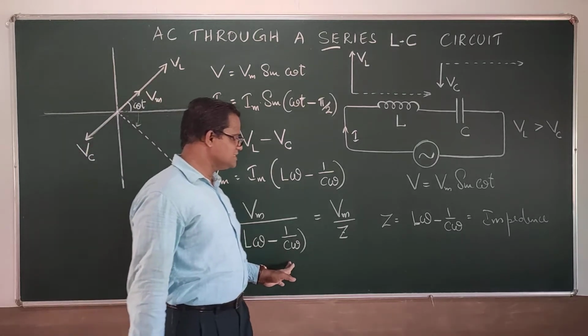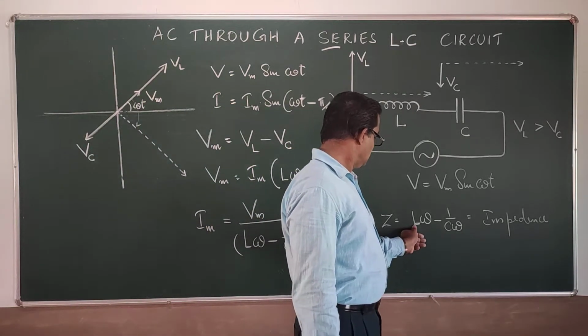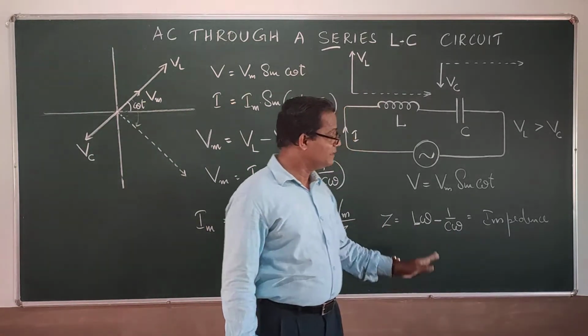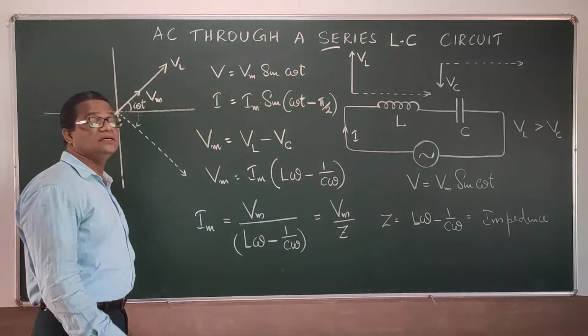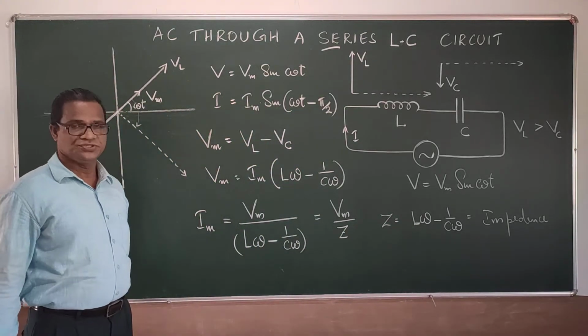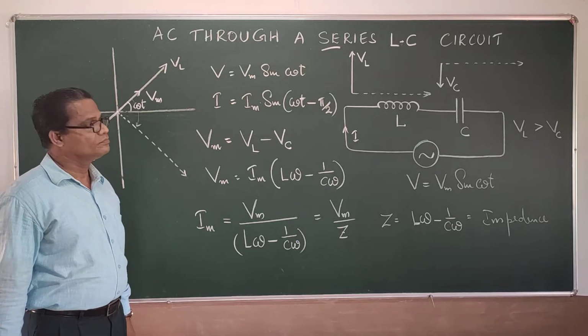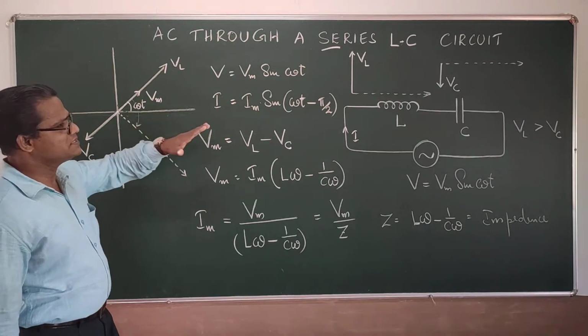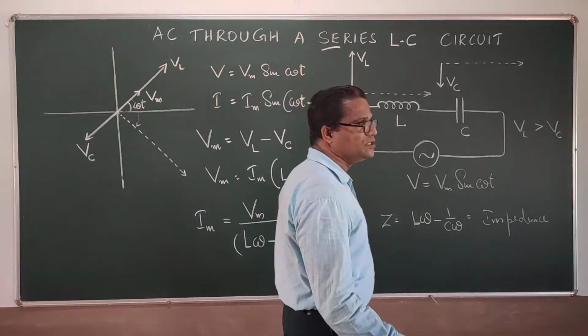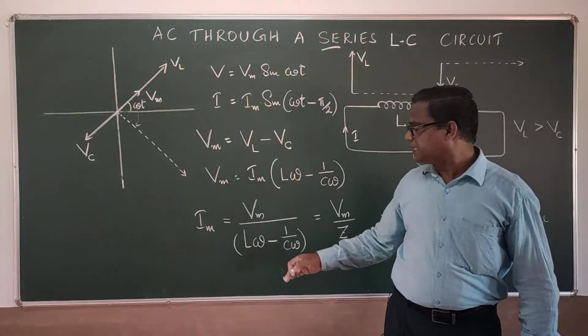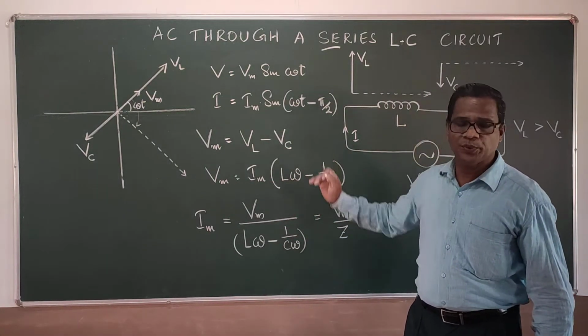So here no resistance is involved, but the difference between the reactances only is coming as the effective opposition. So this case is very particular, the drawing of the phasor diagram and the voltage and current equations.